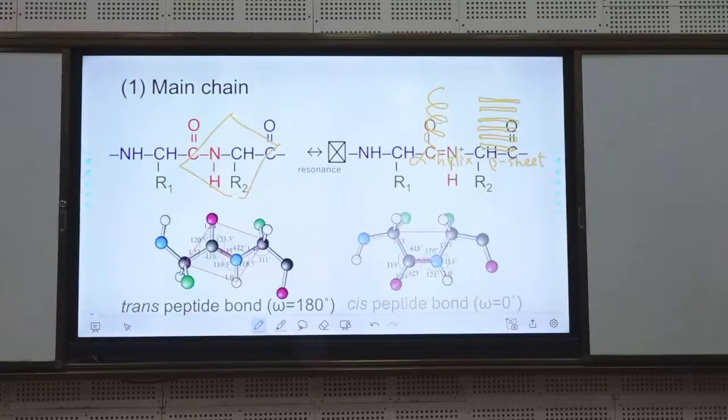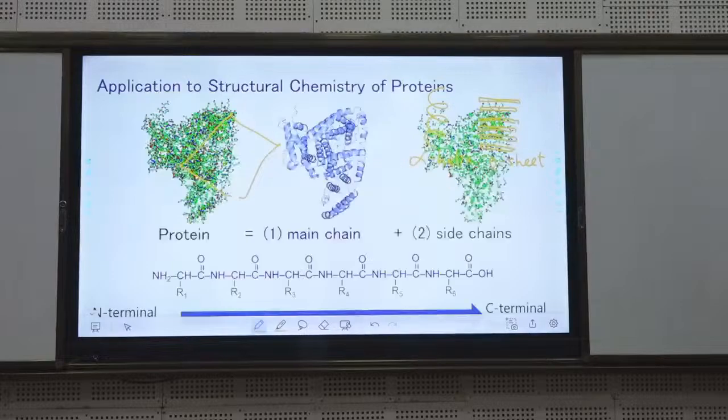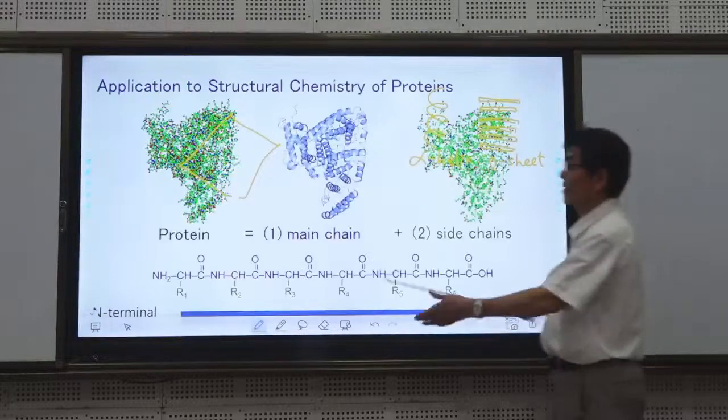I might forget to introduce the definition of the direction of the peptide main chain.